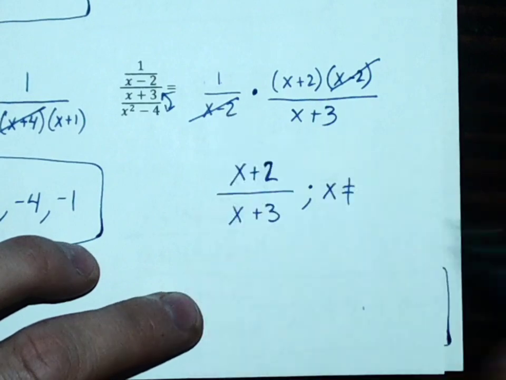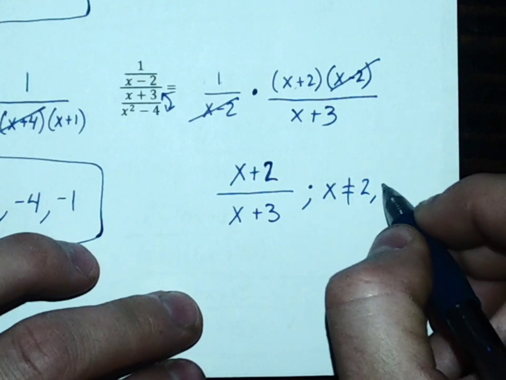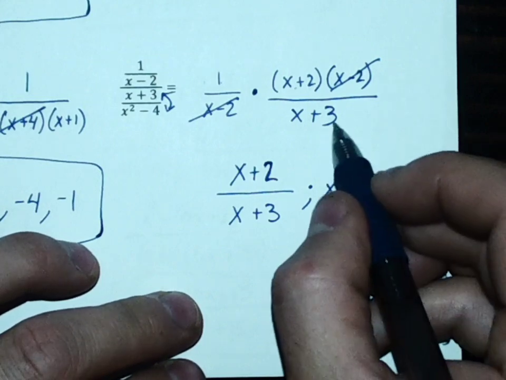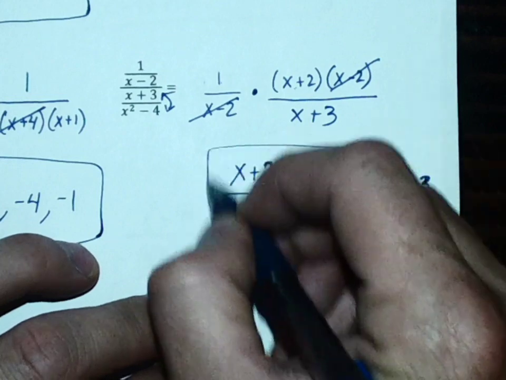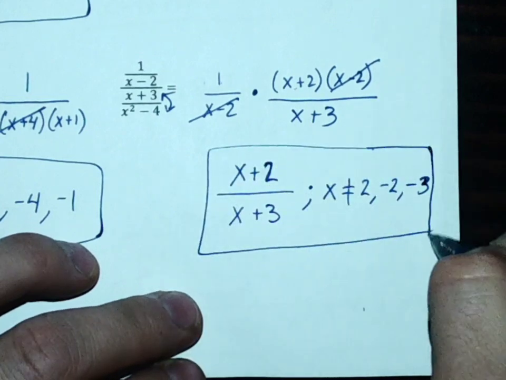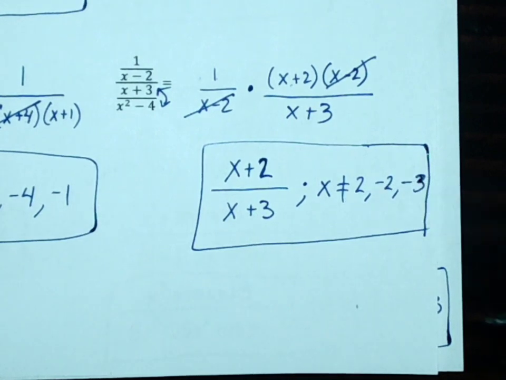What makes negative 2 0? Positive 2. What makes positive 2 0? Negative 2. What makes 3 0? Negative 3. And there are all your restrictions. x cannot equal 2, -2, or -3.